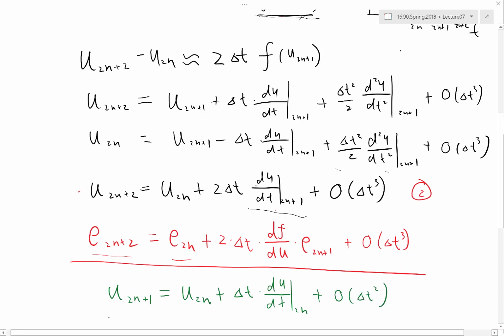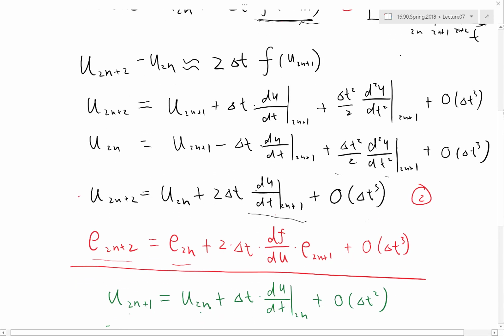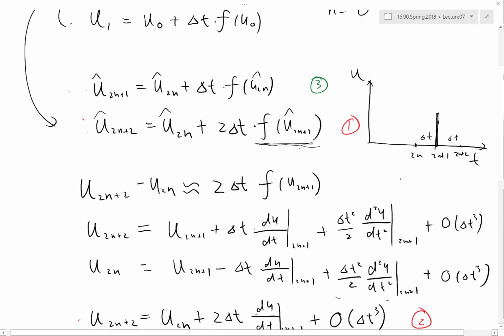So this is the Taylor series expansion of 2n plus 1 at 2n. Notice I'm expanding this formula at a different location than I expanded these two. This is because I'm trying to match this with the first step, the odd step.